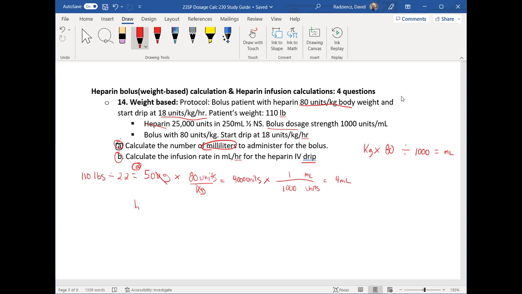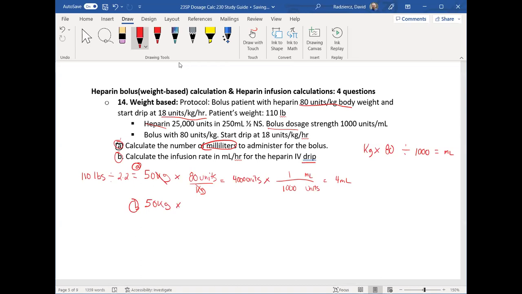Part B, I'm going to do the same thing. It tells me to calculate the infusion rate in milliliters per hour for the heparin IV drip. Well, how do I get to even utilizing milliliters per hour? So I start back up with the protocol. We already did the bolus. Now we're going to start a drip at 18 units per kilogram per hour. Remember, we're talking about the same patient, so we're going to use the same patient weight of 50 kilograms.